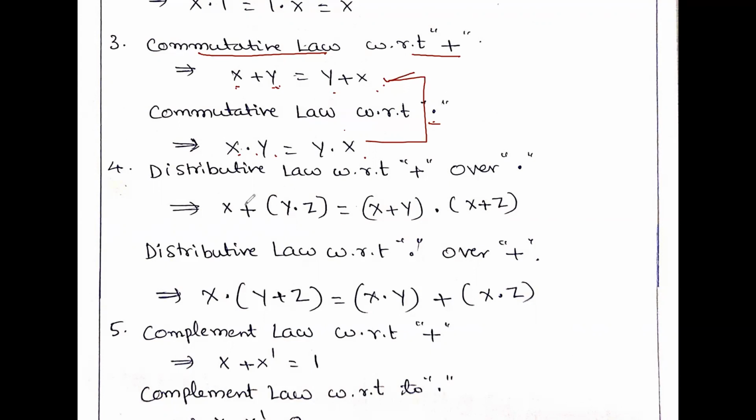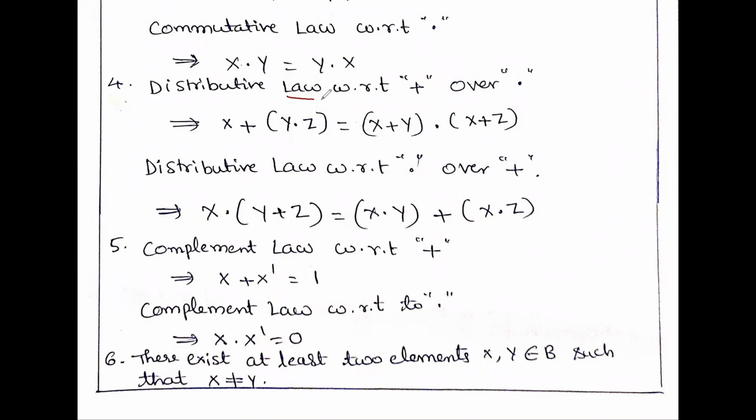In the same way, the next one is the distributive law with respect to plus over dot. That means x plus y dot z equals (x plus y) dot (x plus z). Similarly, the next distributive law is x dot (y plus z) equals x dot y plus x dot z. This we already know from basic mathematical algebra. The first one is obtained in Boolean algebra only.